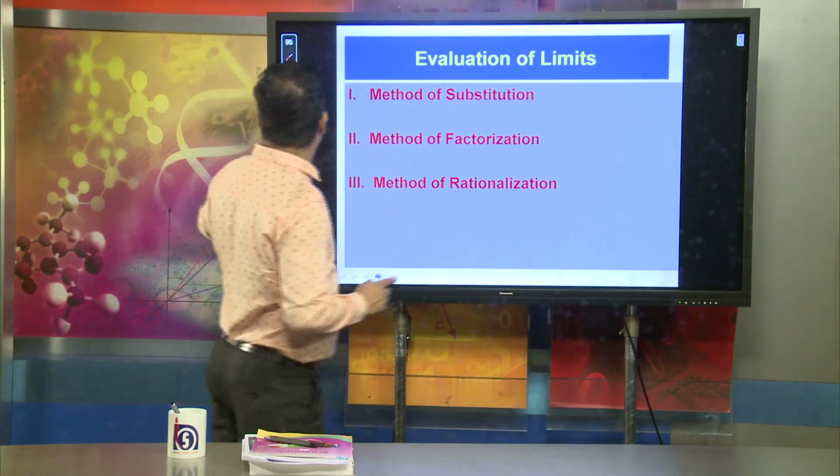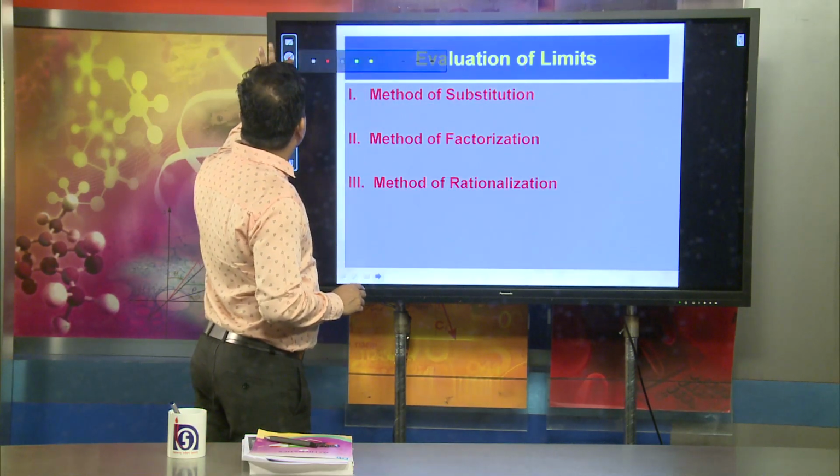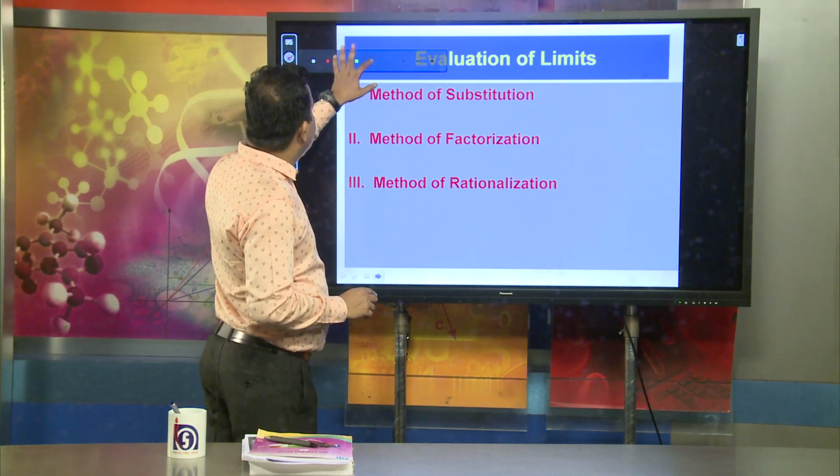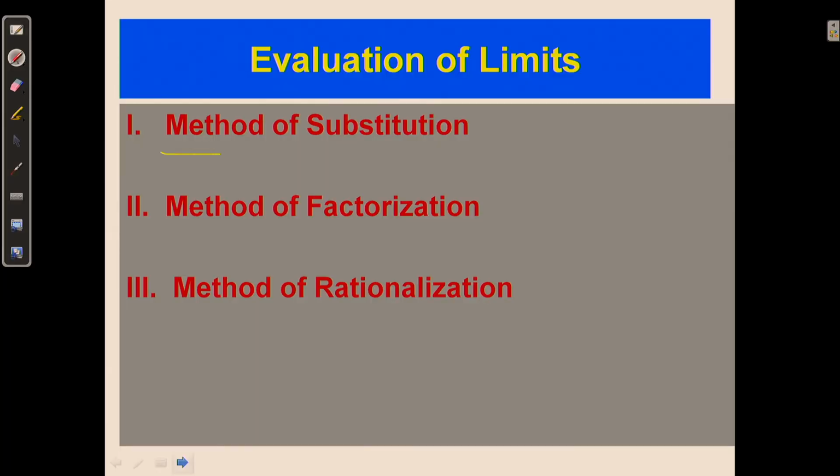The first technique is the method of substitution. The second technique is the method of factorization, and the third technique is the method of rationalization.